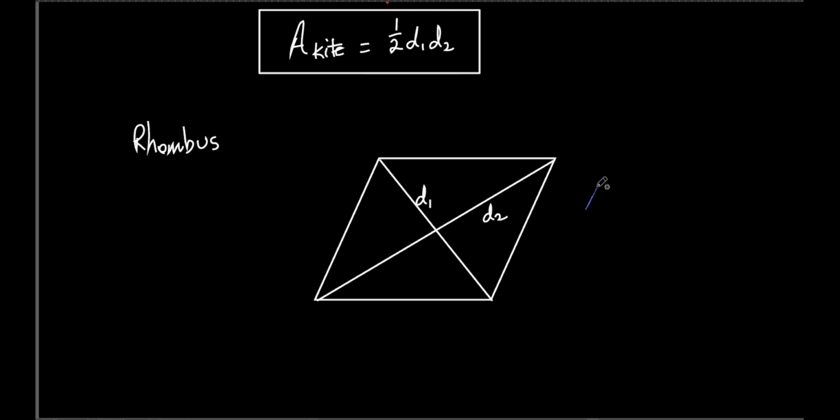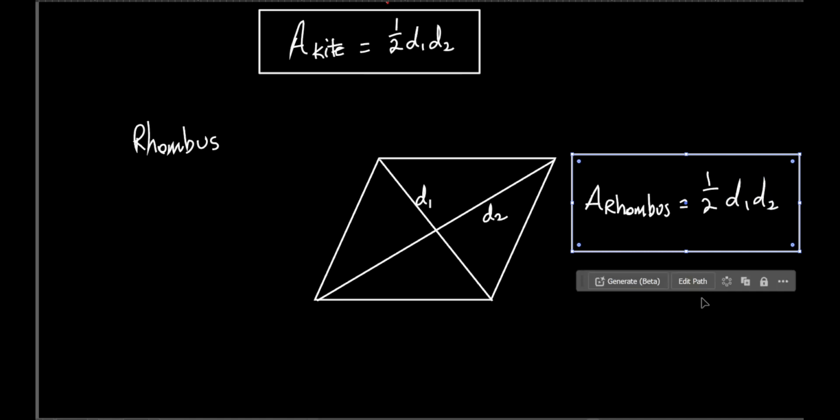All right? And the area of a rhombus is equal to the same thing as the area of a kite. So what is it? 1/2 D1 D2. That's nice, isn't it? Don't have to remember another formula. And let's see.